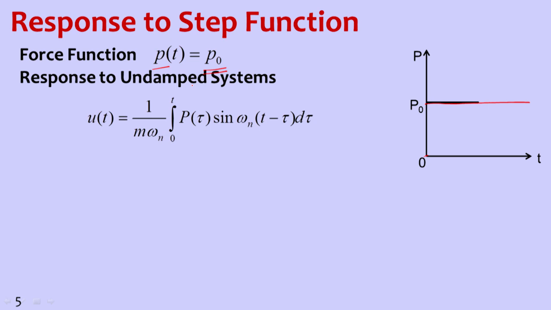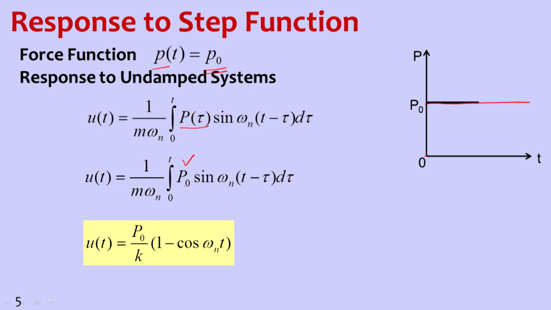For an undamped system, we know that u(t) is equal to 1 by m omega n times the integral from 0 to t of p(tau) sin omega n (t minus tau) d tau. At any point of time, the p(tau) value is P0. So we replace p(tau) with P0, and the rest remains the same. Now we can evaluate this term.